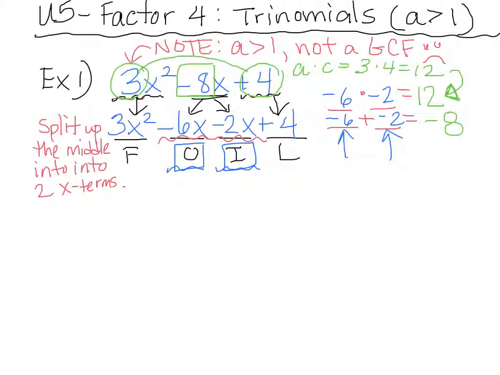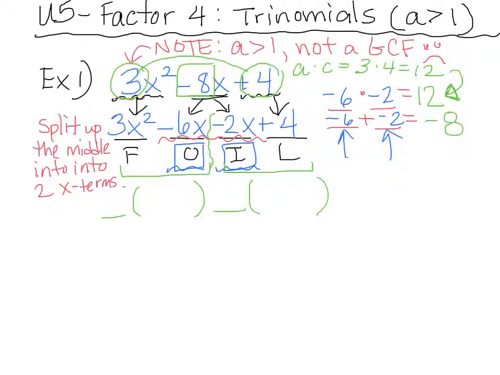Now we have 4 terms, and I want you to think of splitting it in half almost and looking at it in 2 groups, the F and the O step, and then the I and the L. And with each of these groups, we're going to factor out the GCF of each group individually. So remember, GCF out front and what's left in parentheses, and then we'll do the same for that second group.